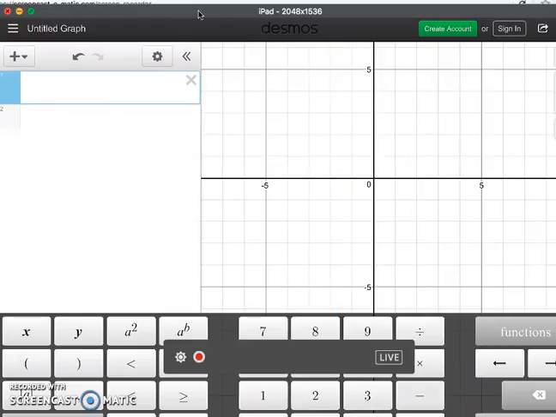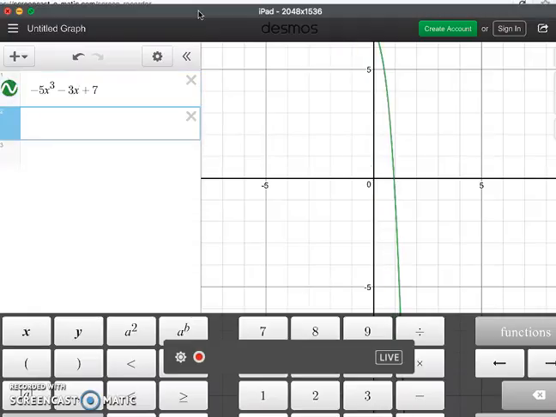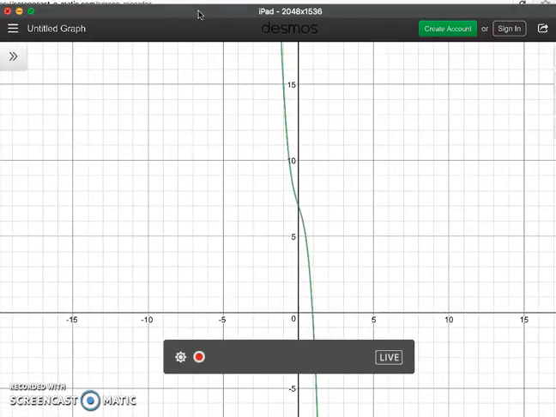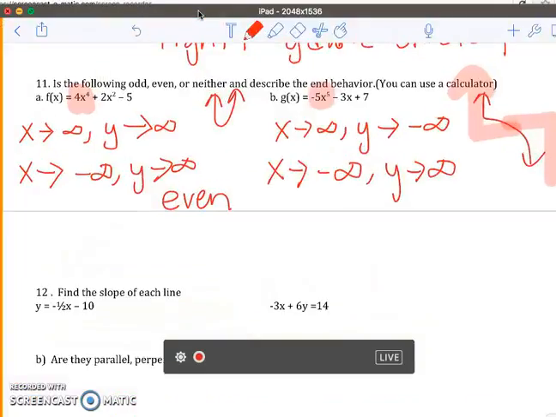We have negative 5x to the power of 3 minus 3x plus 7. So if we graph this, let's zoom out and see what it looks like. It's definitely not even, and if we rotate it, it's not the same, so this one would be neither.